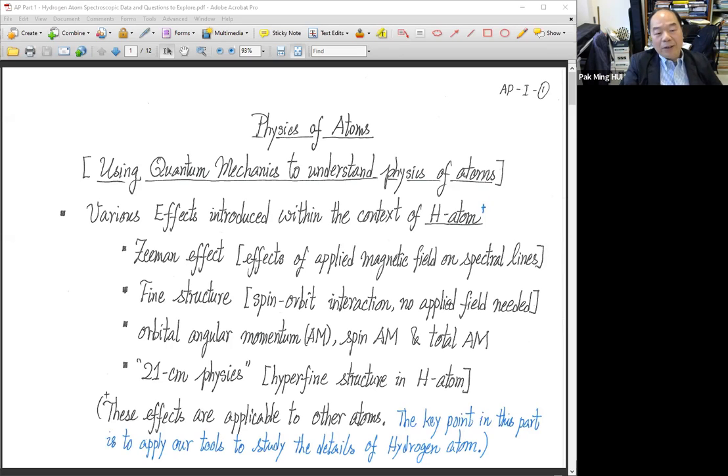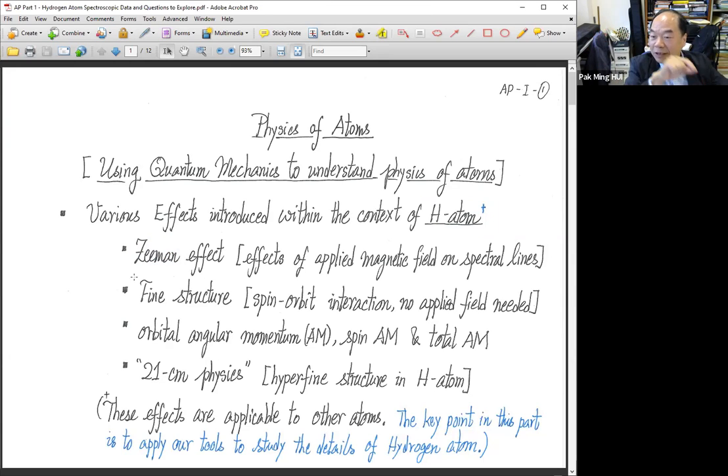Okay, so here we will add some effects into the standard hydrogen atom problem. We will discuss magnetic field effect, it's called Zeeman. We will discuss internal magnetic field effect. That is to say, you don't need to apply it.